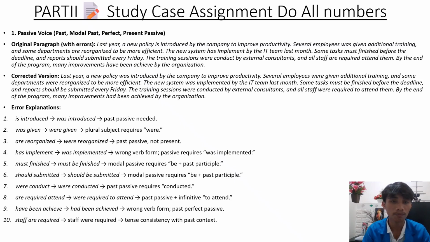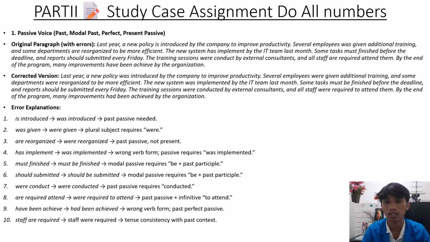Corrected version. Last year, a new policy was introduced by the company to improve productivity. Several employees were given additional training, and some departments were reorganized to be more efficient. The new system was implemented by the IT team last month.